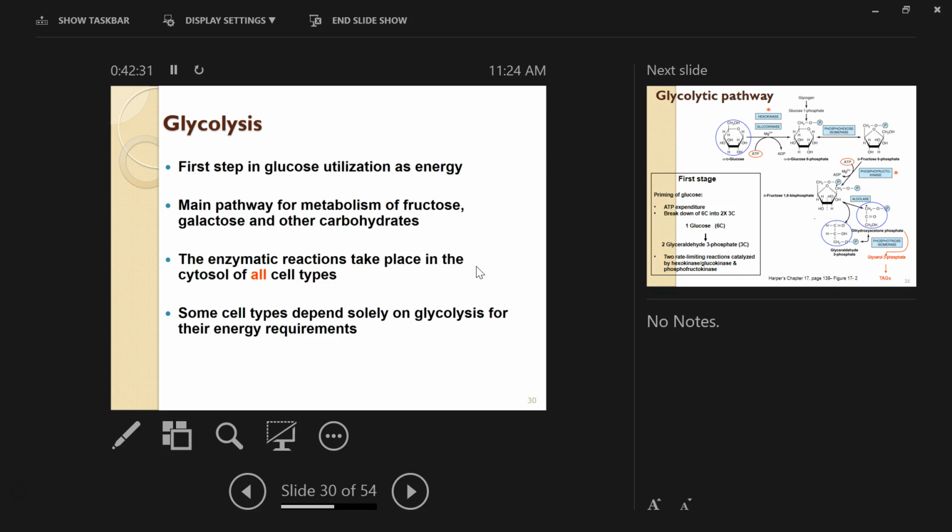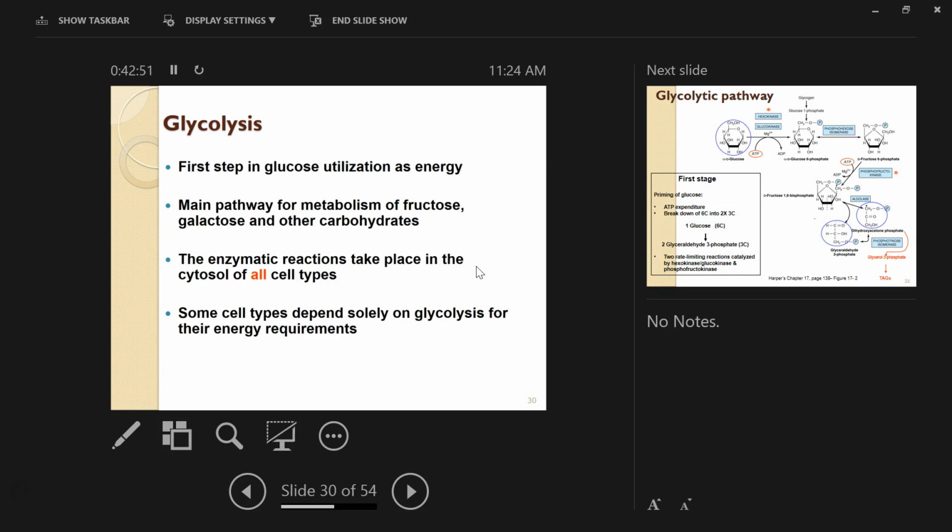And the glycolysis occurs mainly in the cytosol, right? And some types of cells depend solely on glycolysis for energy use. I think we discussed, right?